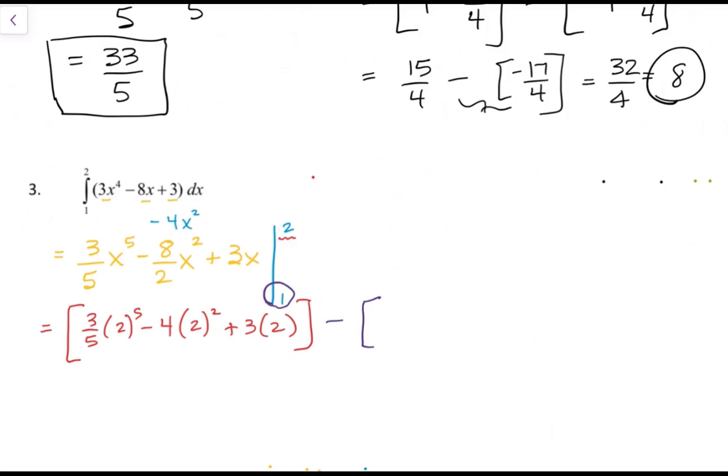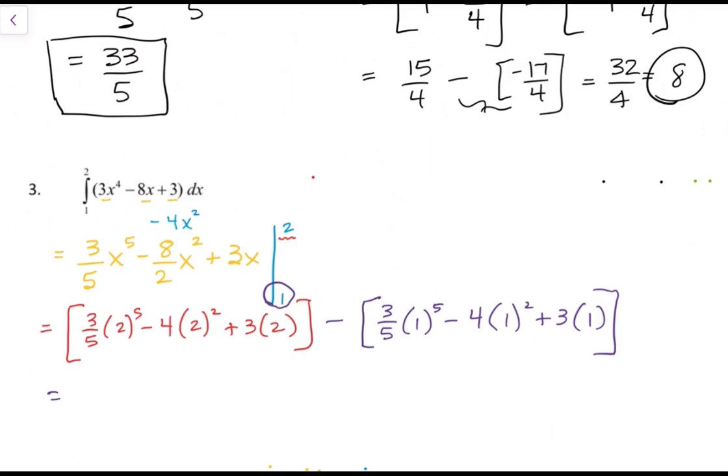Now that lower limit of integration is just 1, so you probably wouldn't have to write out the 1 for each one of those substitutions, but I'm going to do it just for the sake of you seeing where I'm getting my values from.